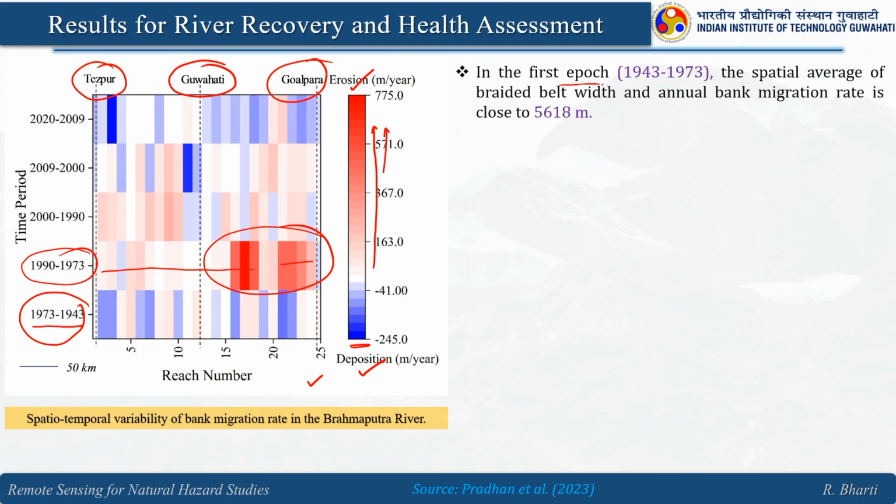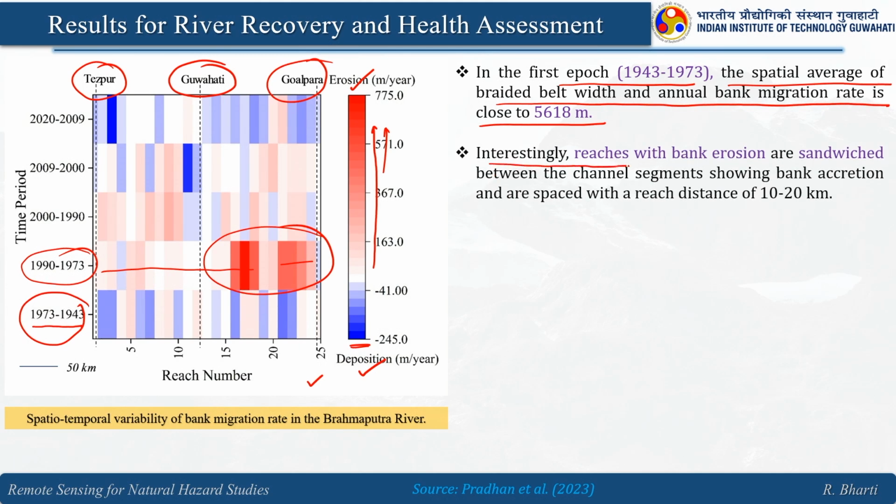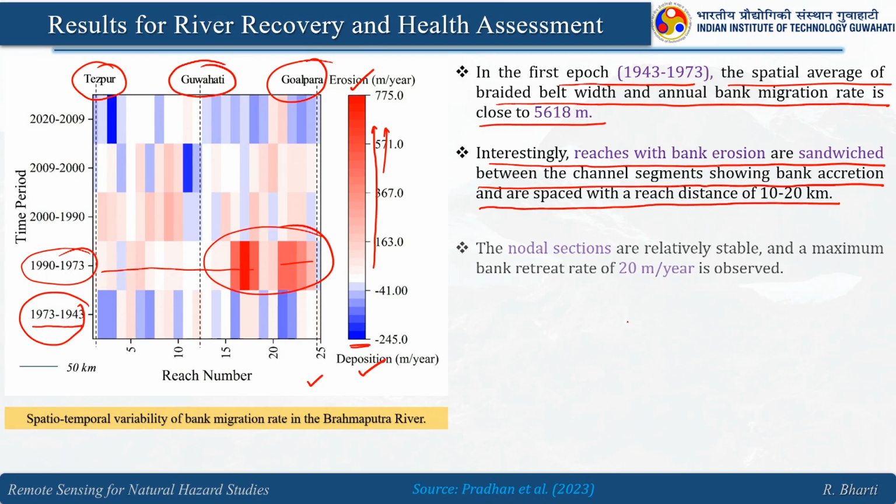So, in the first epoch, 1943 to 1973, the spatial average of braided belt width and annual bank migration rate is close to 5618 meter. Then interestingly, reaches with bank erosion are sandwiched between the channel segments, showing bank acceleration, and are spaced with a reach distance of 10 to 20 kilometer.